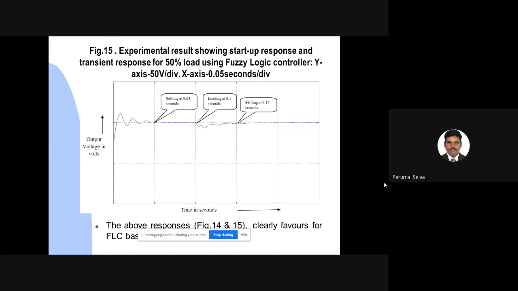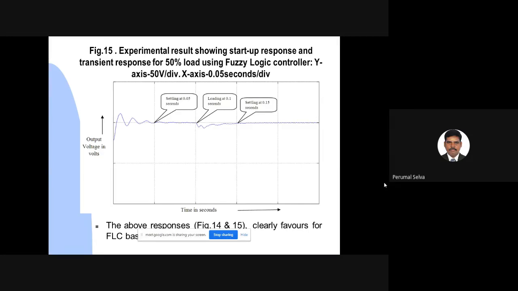It shows a settling time during the startup response of 0.05 millisecond, and when suddenly loaded, the transient response gets settled in 0.415 millisecond. Compared with the previous PI controller technique, the startup response was 0.058 millisecond, and when suddenly loaded at the time period of 0.1 millisecond, the system settles at 0.18 millisecond.